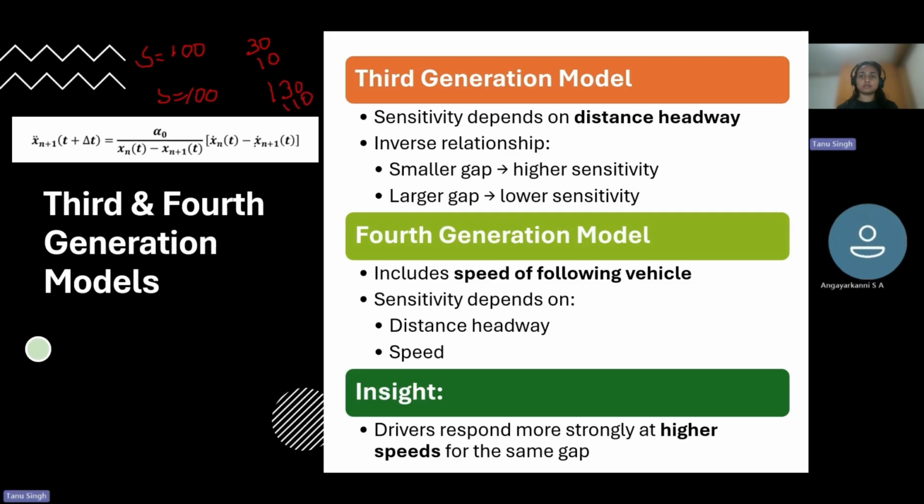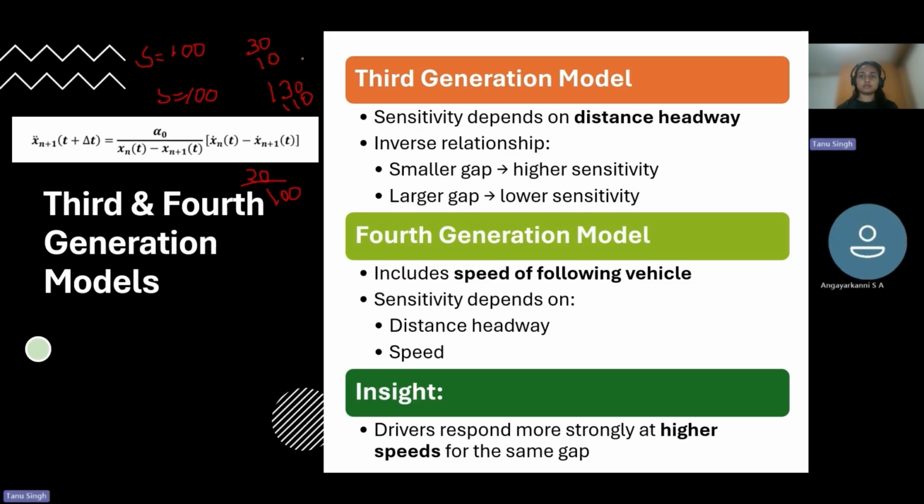So if we take the relative speed, we get 20. Similarly, if we take the distance headway, we get 100. So in both the cases, we get 20 by 100. But here, as we can see, if the speed is more, the decelerations should be more, or the sensitivity should be more.